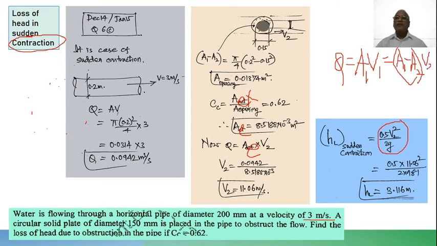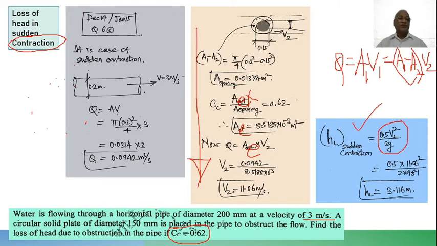You could have calculated V2 straight away like this, and then used the same equation. But because they have mentioned the coefficient of contraction, we have to do all this analysis.